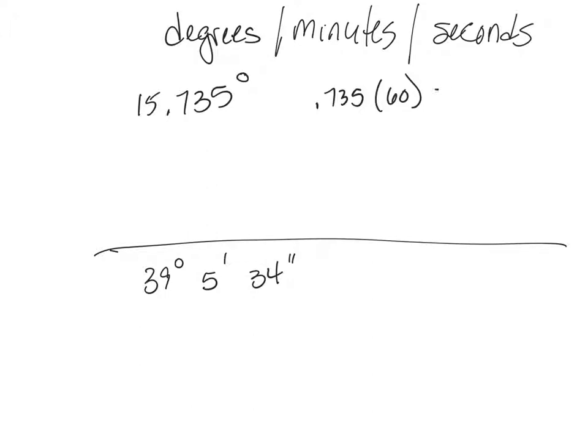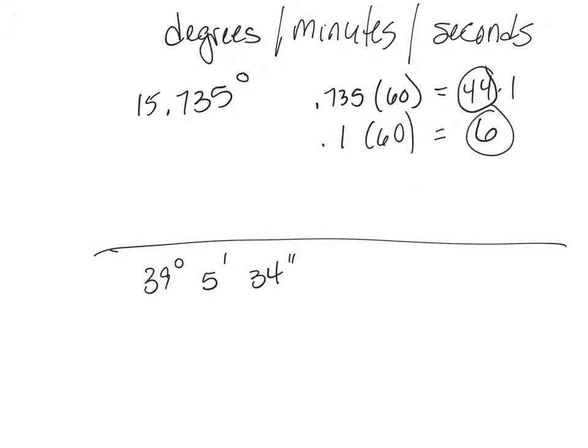And what do you get? When you multiply 0.735 by 60, you get 44.1. And now you take off the 44 and multiply 0.1 by 60. And you should get 6, right? 6.